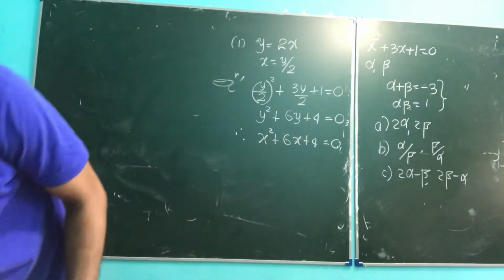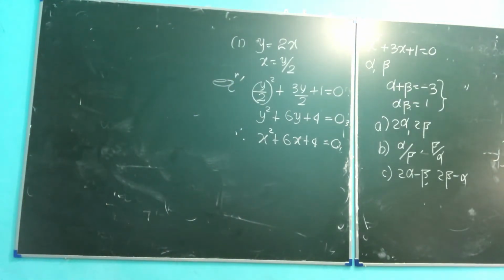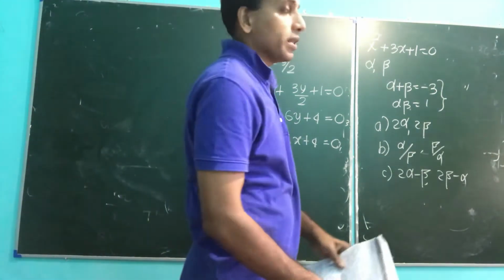See the next one. That is alpha over beta, but the other one is what?